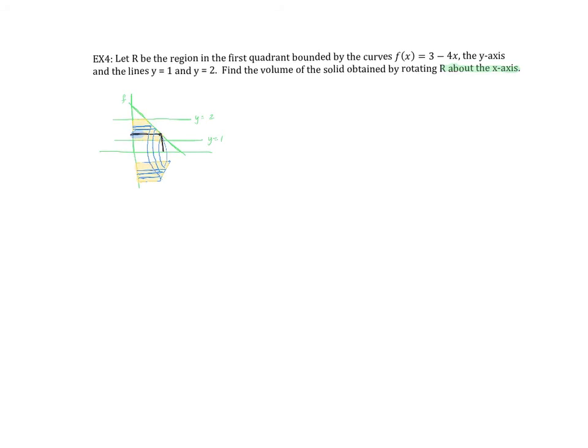Well, first of all, y is equal to 3 minus 4x. And I need to solve that for x, which gives me 4x equal to 3 minus y. And then x is going to be equal to 3/4 minus y over 4.